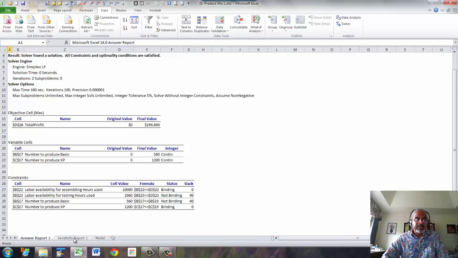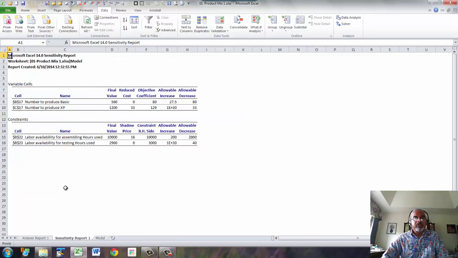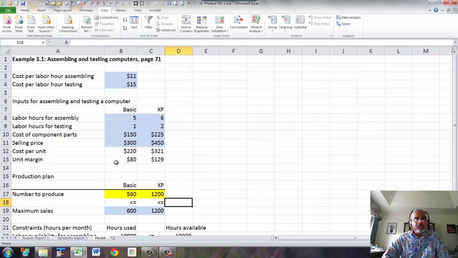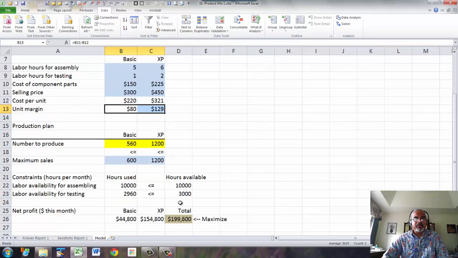Now let's look at the sensitivity report. The sensitivity report has two parts. There is sensitivity for the objective function and then sensitivity for the constraints. What we mean by sensitivity is, let's go back to the model. You see the unit margins of $80 and $129, which were used here to find the total profit.